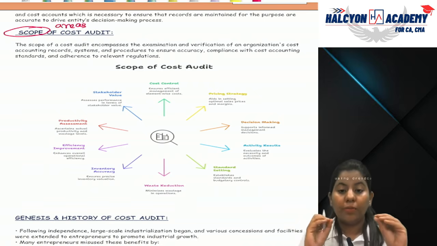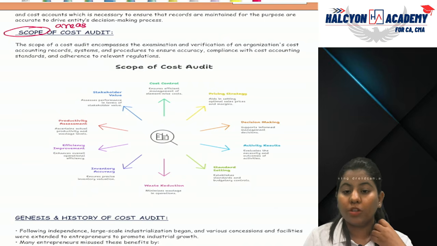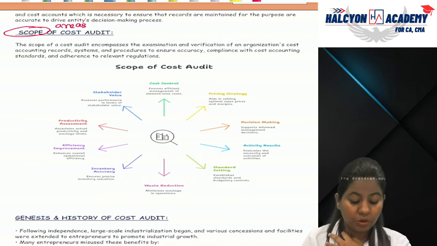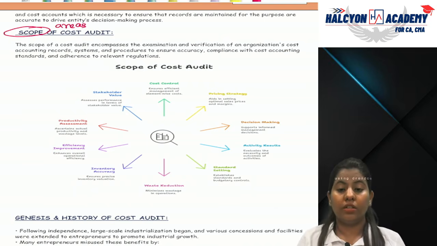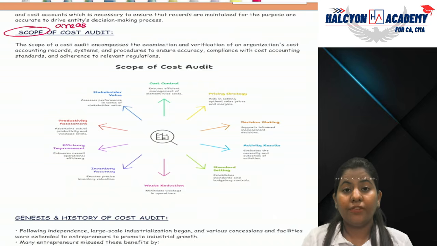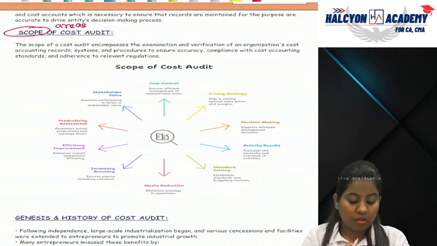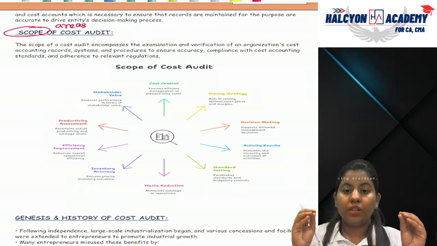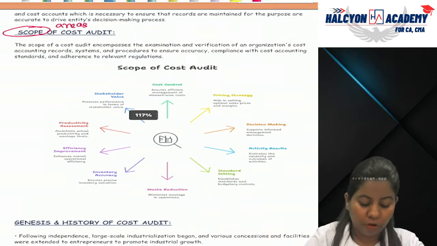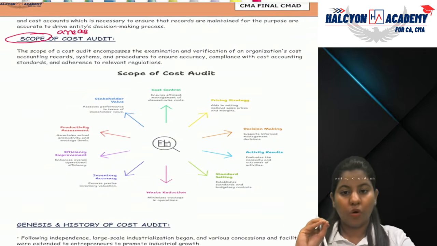Areas to be covered by the cost audit. Scope of cost audit means areas to be covered by the cost audit. At which areas will cost audit be useful? So, scope of cost audit means areas covered by the cost audit.